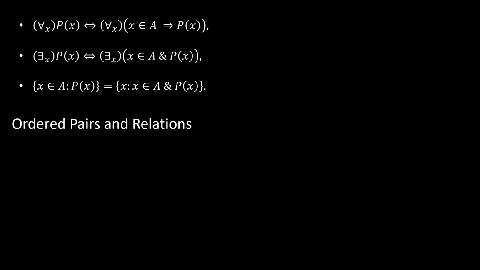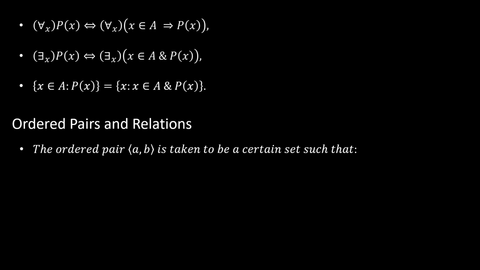Then we have what we call ordered pairs. If you have these brackets with a pair of values a and b separated by a comma, then if (x, y) equals (a, b), that means x equals a and y equals b.